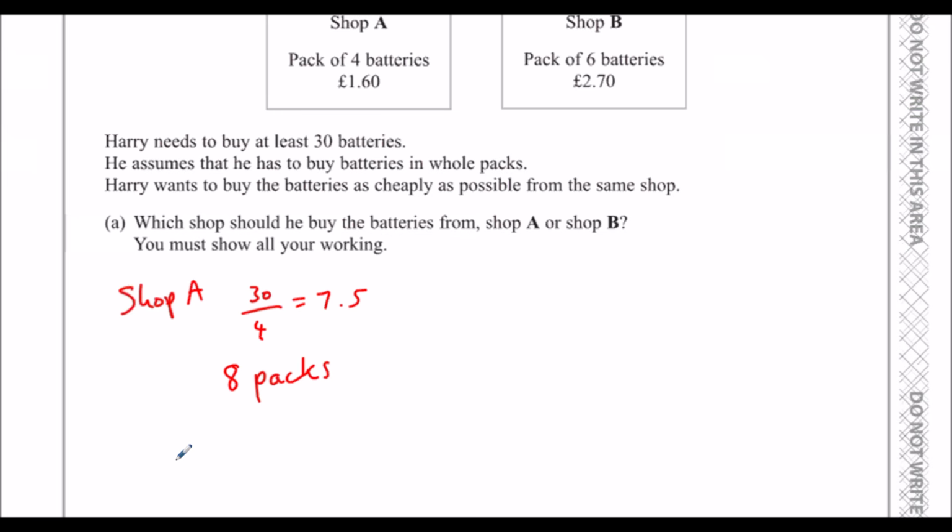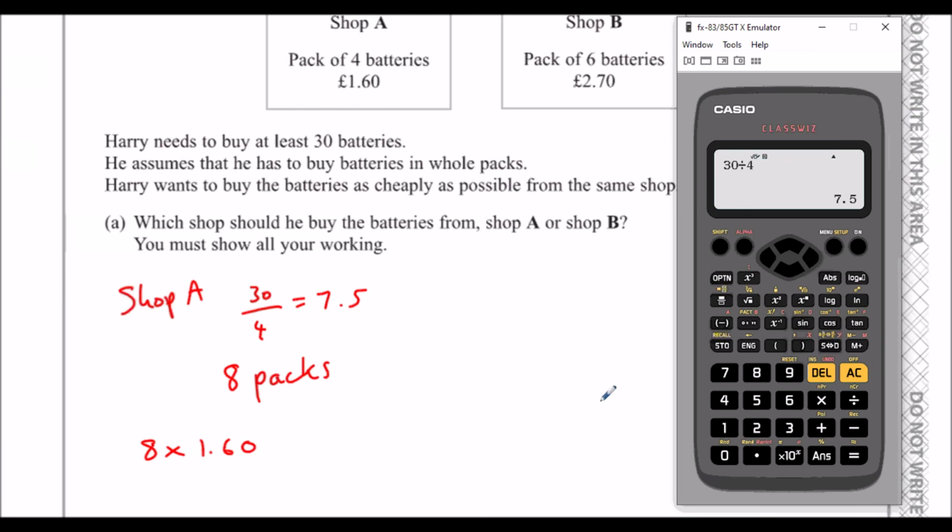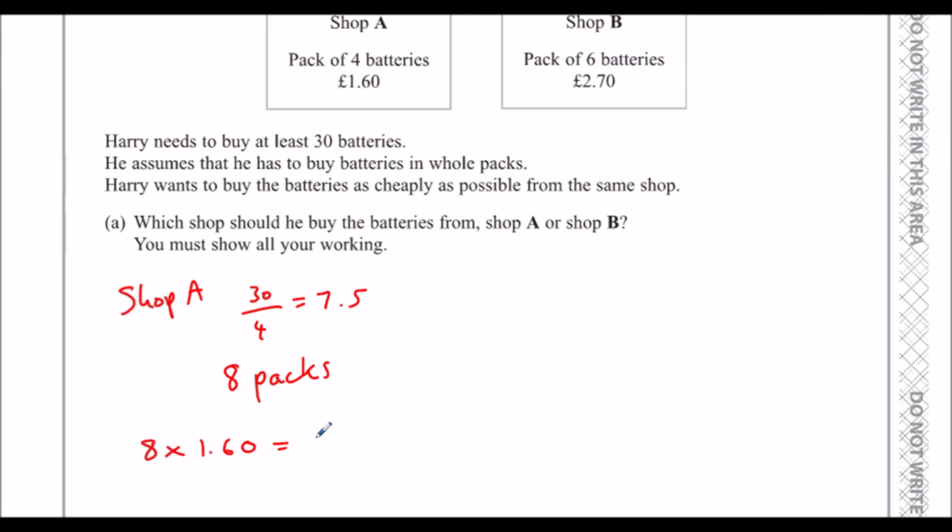And it's £1.60 each, so 8 times £1.60 is £12.80. So that's shop A. In shop B, he wants 30 batteries again.